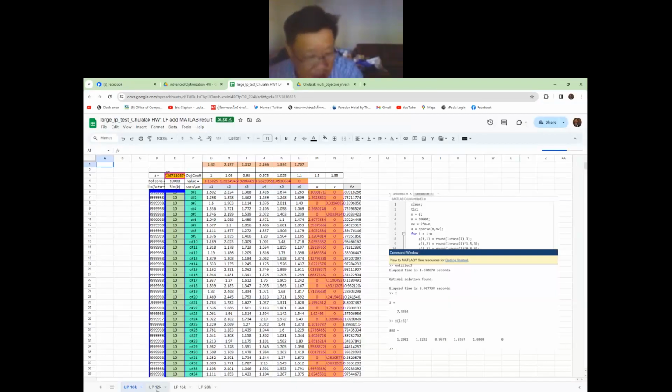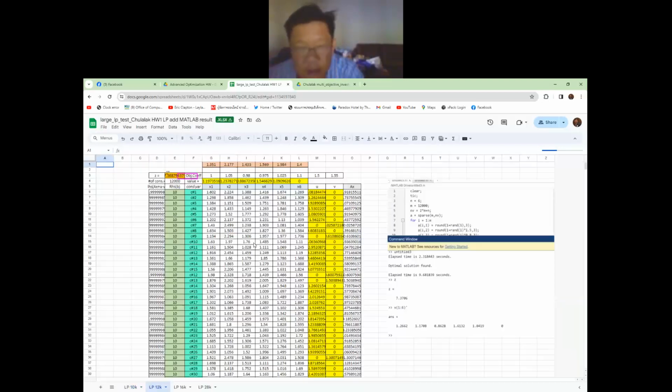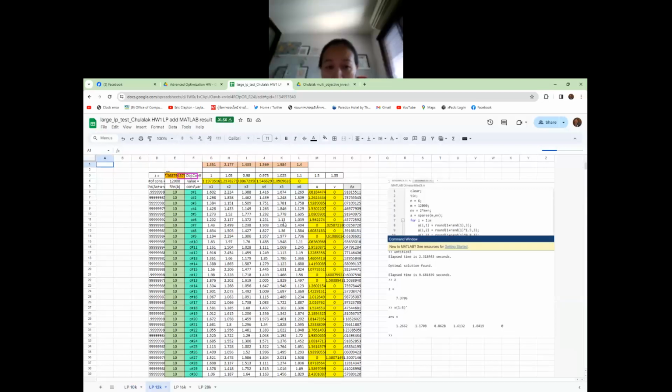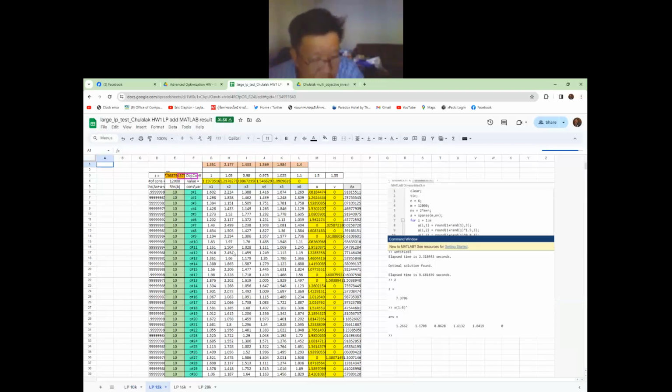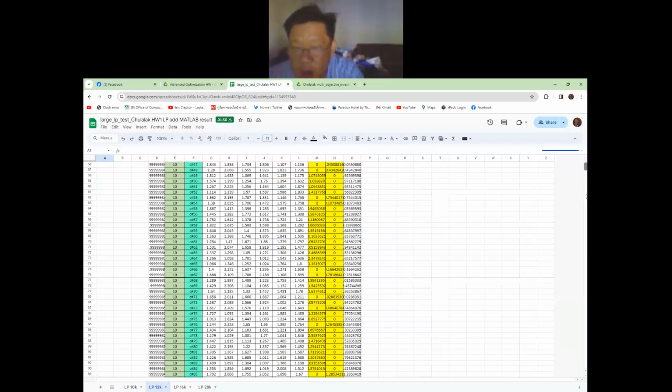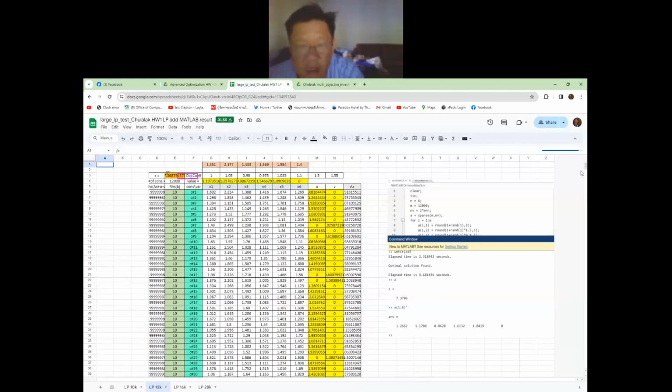You are using the direct MATLAB here, and you can see that after this one you are still able to use OpenSolver, right? It can work.